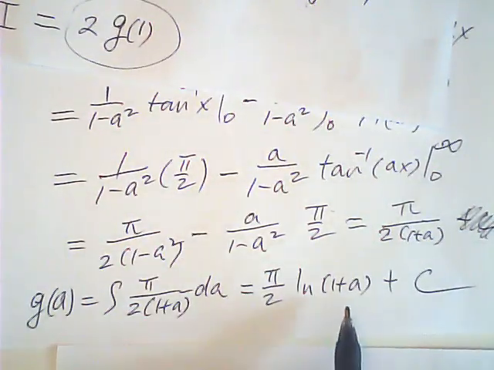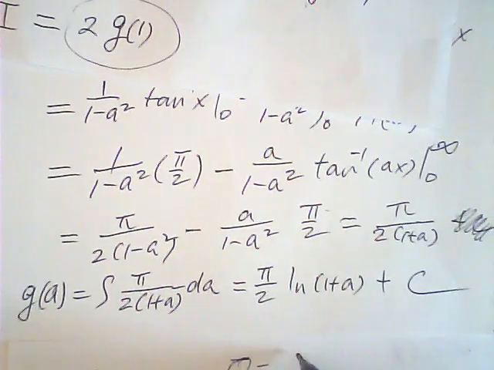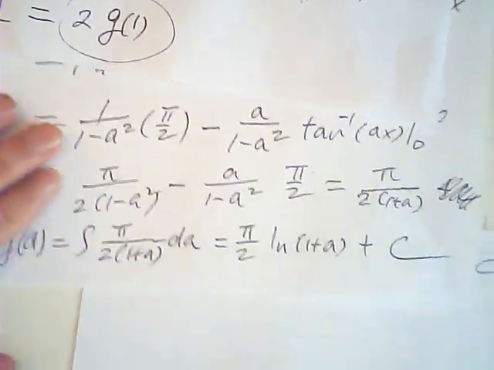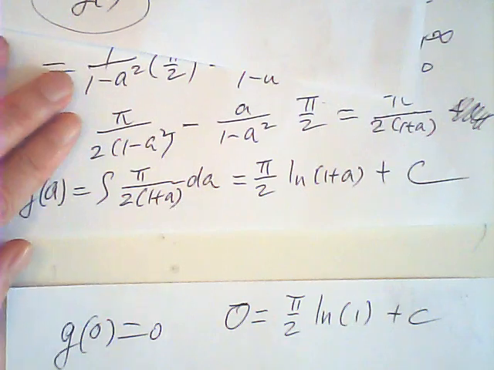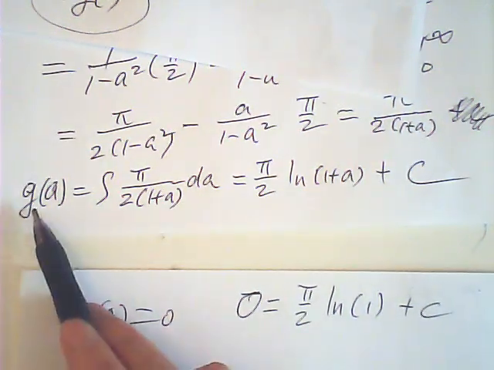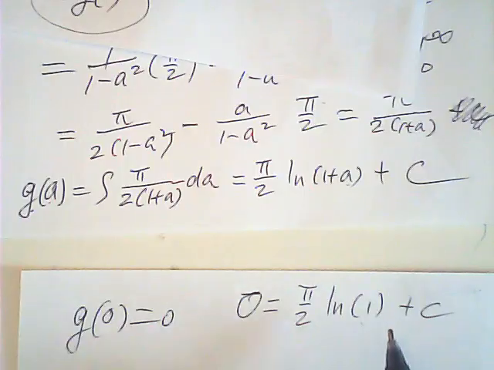So which means that 0 is equal to half pi times log 1 plus C. Yeah, g of 0 is 0. Therefore, g of 0 is when a equals 0, which means log 1.